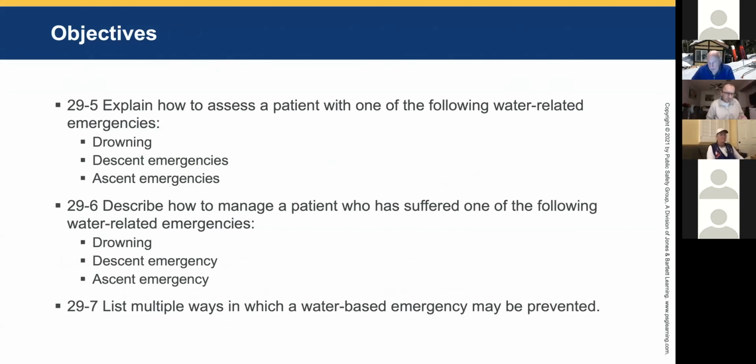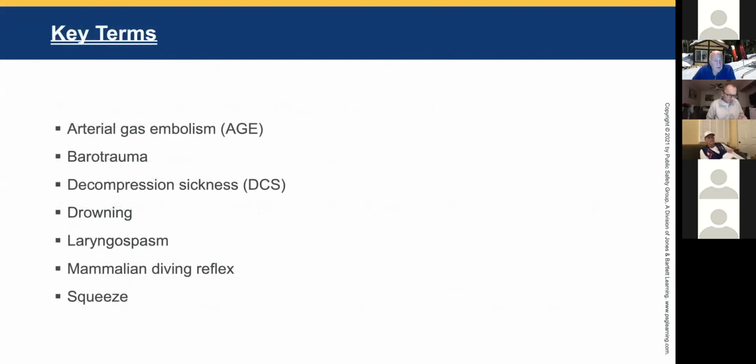And again, we'll talk about these as we go through them. Some of the key terms we're going to talk about are arterial gas embolism, AGE, barotrauma, decompression sickness, drowning, laryngospasm, mammalian diving reflex, and squeeze.